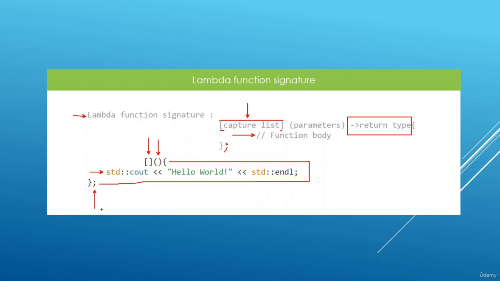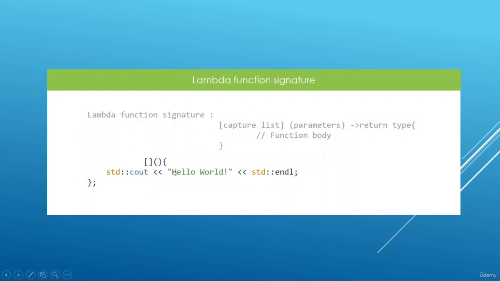If we try and put this thing in our C++ source code, this is going to be a valid lambda function. But it isn't really useful by now because we can't call it. One way we have to call it is to give it a name. And we can give it a name by assigning our lambda function to a variable like we see here.